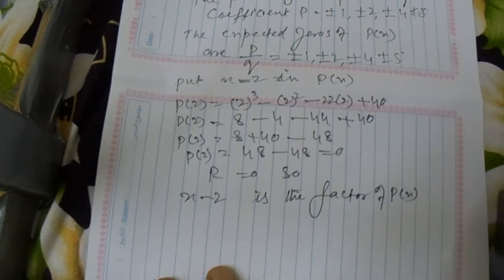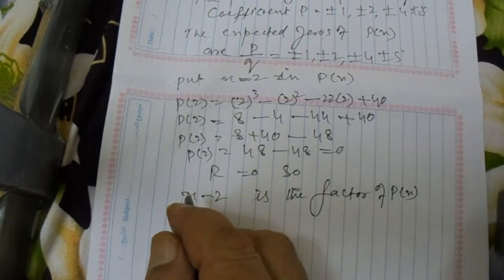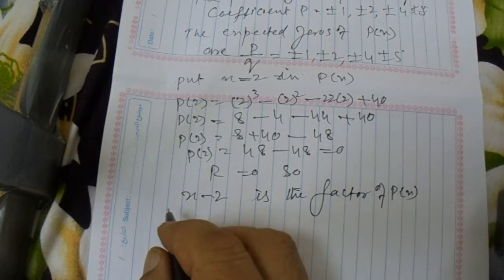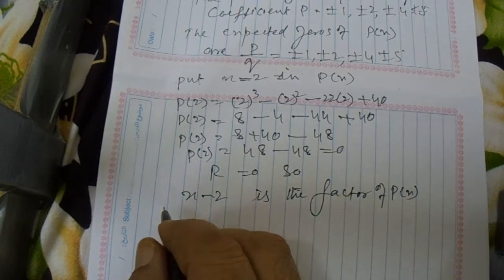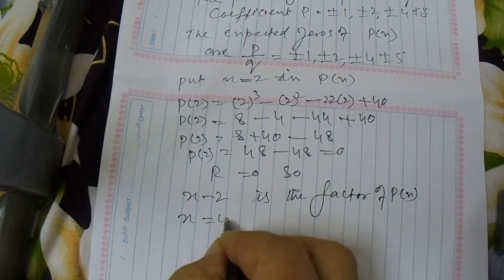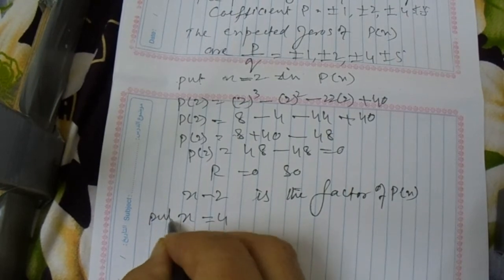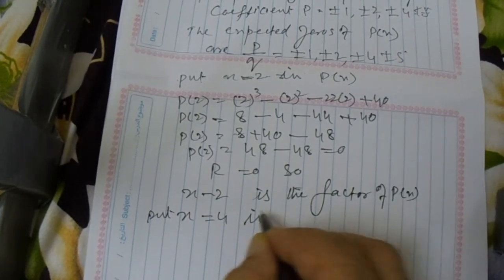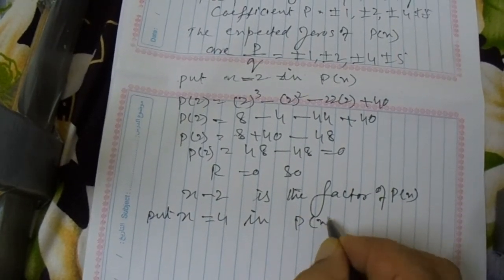Again we put x is equal to 4. Put x equal to 4 in P(x).